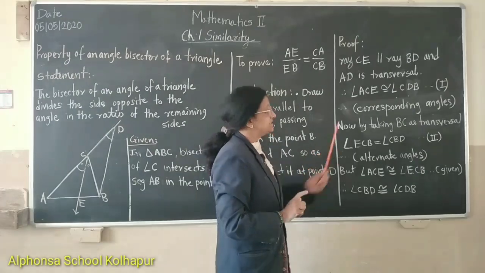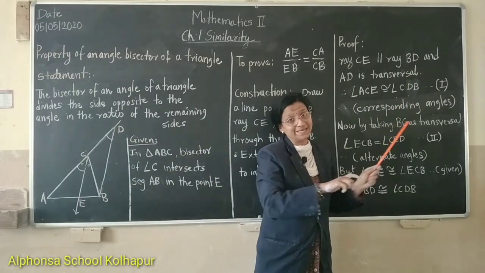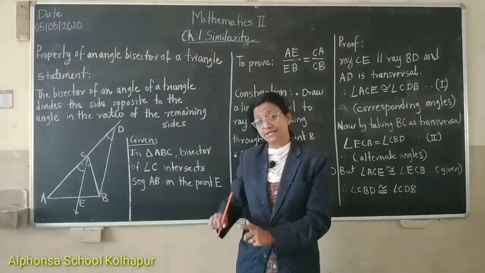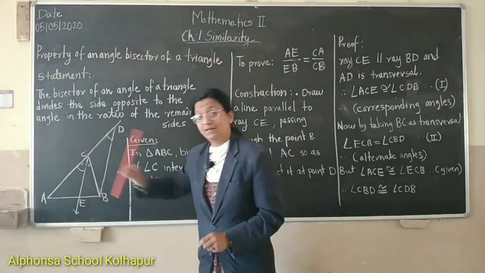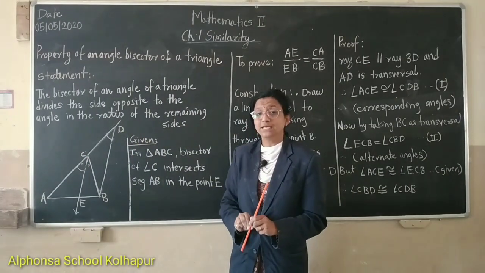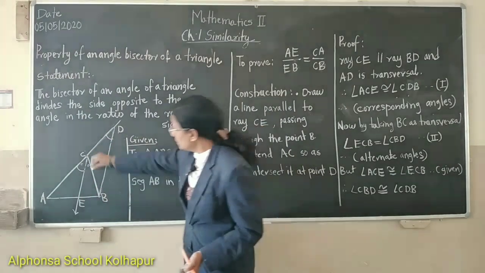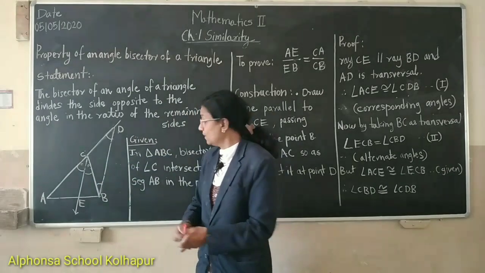And at the same time, we'll mark this statement as one, as we are going to take it in the next part of the proof. Now, another transversal we are going to consider is transversal CB. Because of this transversal CB and these two parallel lines, we'll get these two angles as congruent. Why is it so?